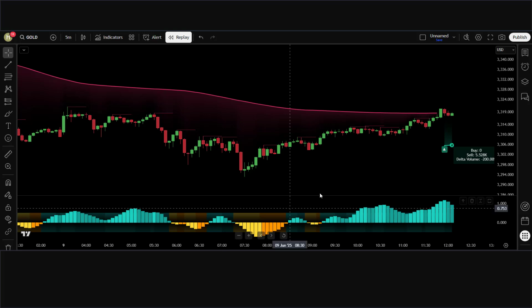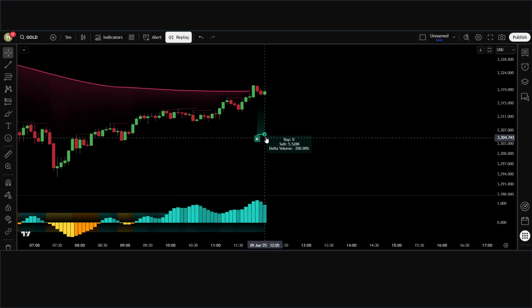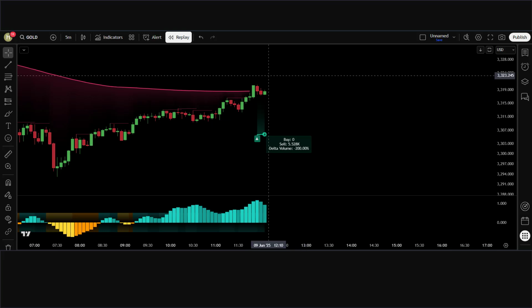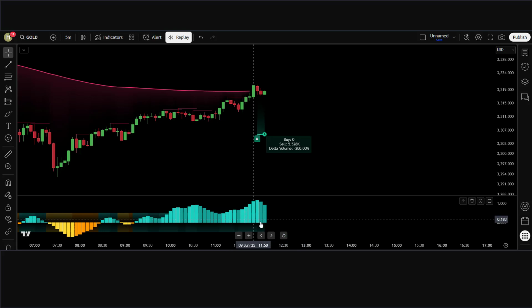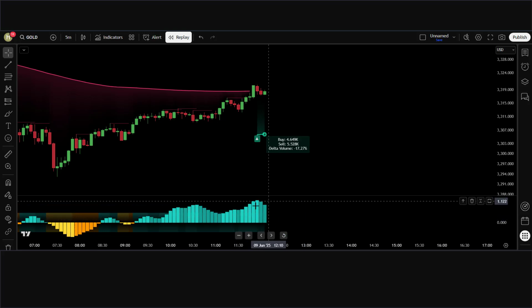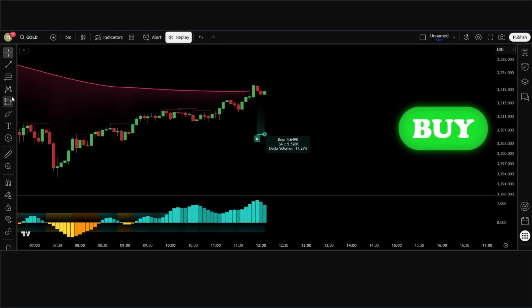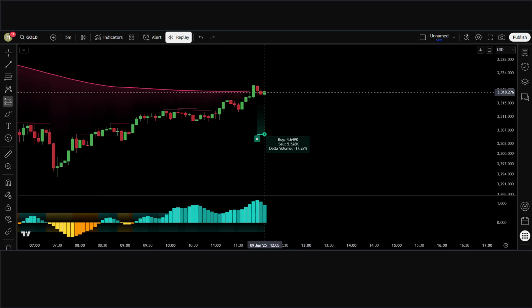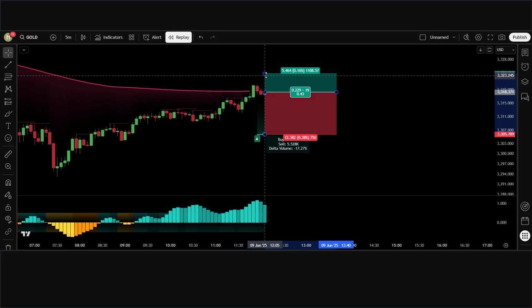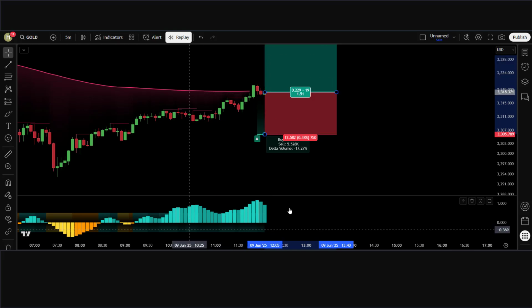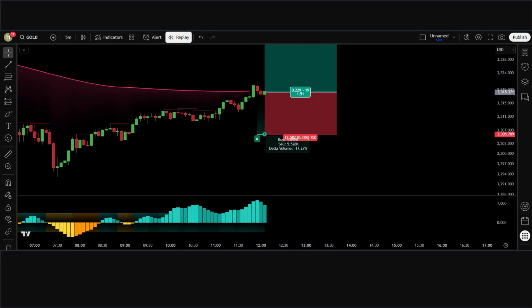We have got the signal. Here the Volumatic VIDYA indicator gives us uptrend signal. The market has made a bullish candle to give confirmation. The columns of MA shift indicator is sky color. So all our conditions are being fulfilled, so we are placing an order to buy. Our stop loss will be placed at the plot line of VIDYA indicator. And the risk to reward ratio will be 1:1.5.